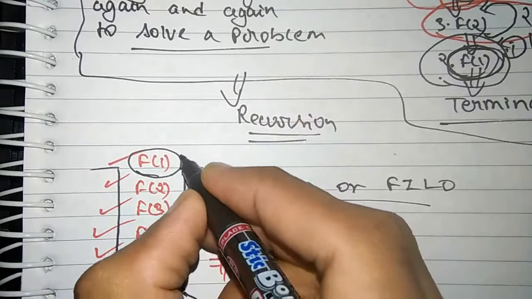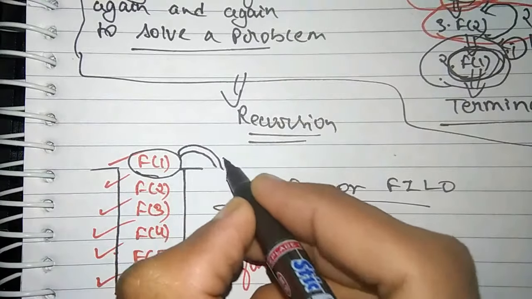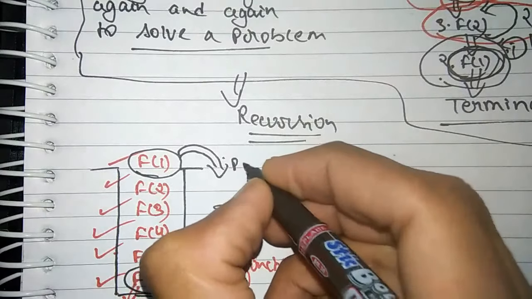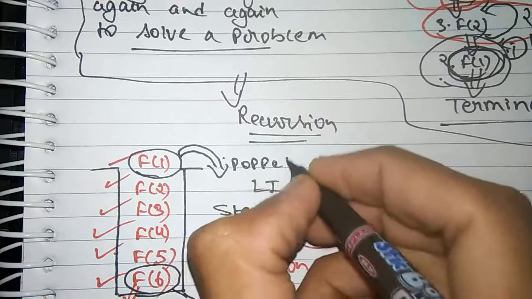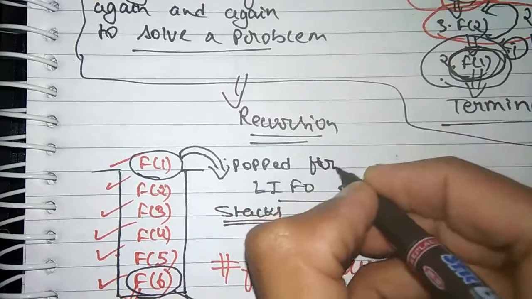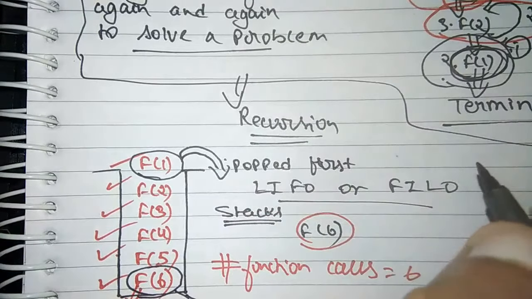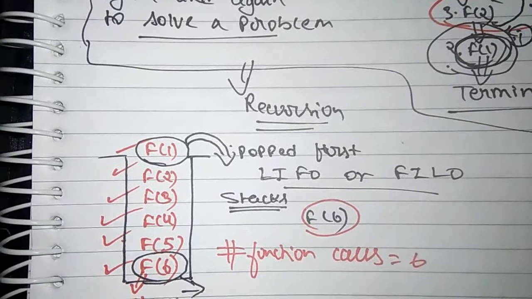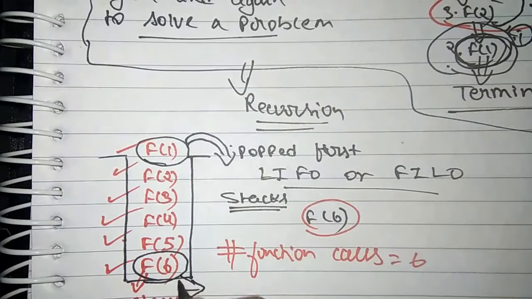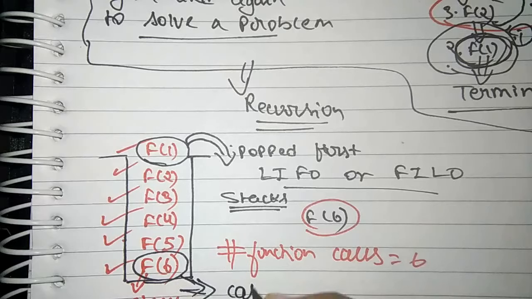So f of 1 will be popped out first, and f of 6 is called first.